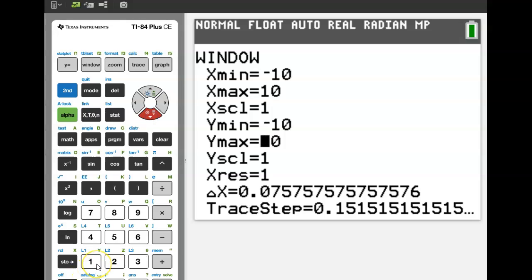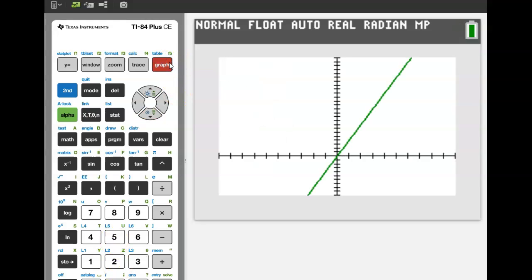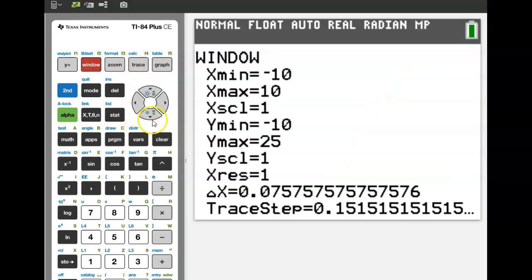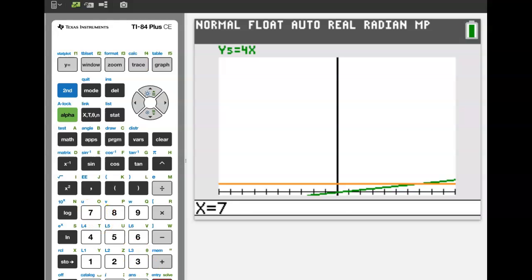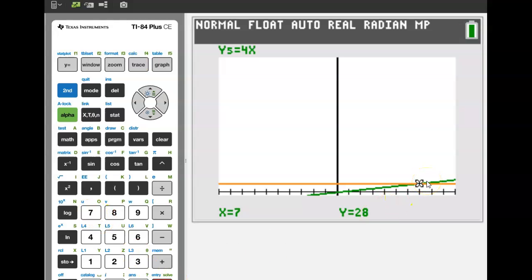I think we need Y window. I'm just picking a number that I can type on my calculator. There's a solution, right? Trace to 7, and it works, okay?